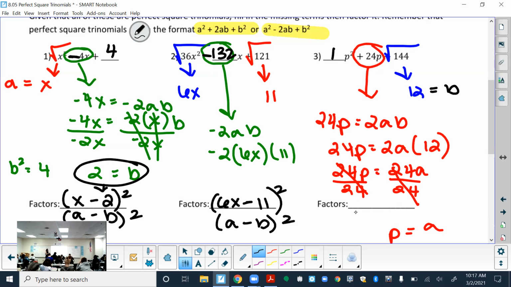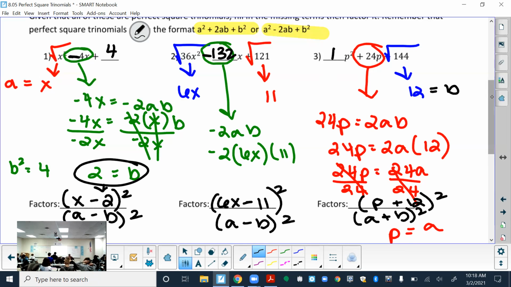And then this is gonna follow the format a plus b squared because this is plus in the middle. So what are my factors? Should just be p plus 12. Because it's just the a, not the a squared, and when you're writing your factors. Questions?